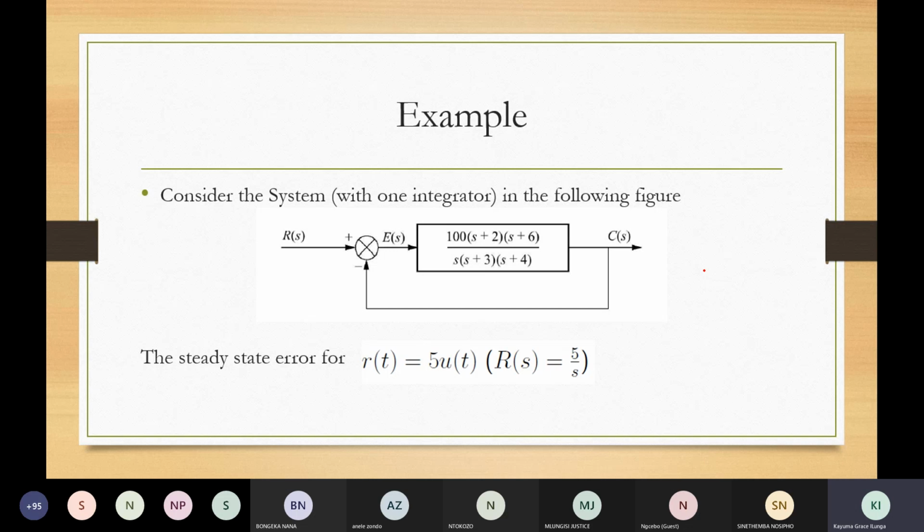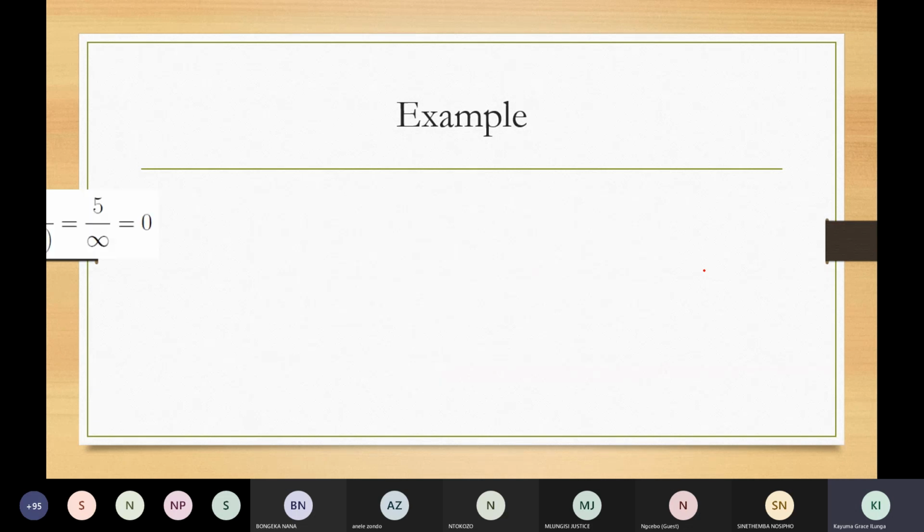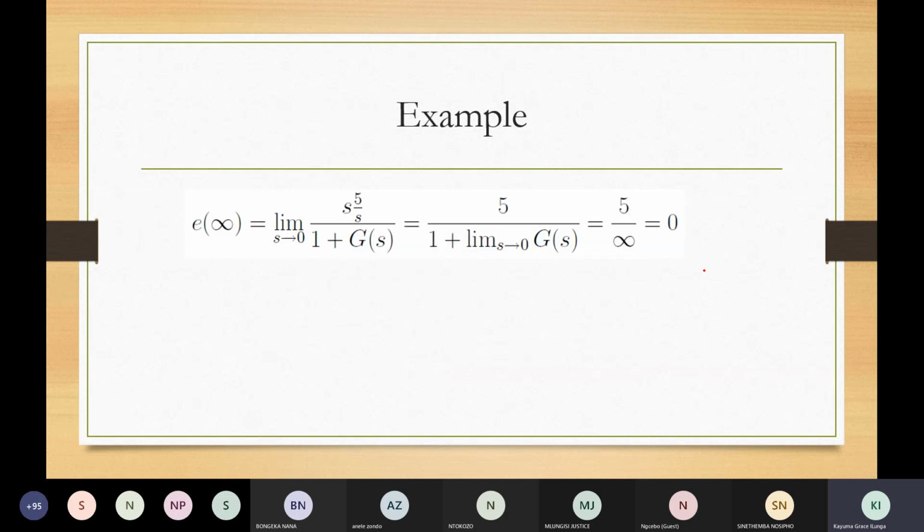We apply it to this system and see what is going to happen. As you can see, we have the same thing here. This s and that s are going to cancel themselves. Then we'll have 1 plus limit s approaching 0 of g of s.